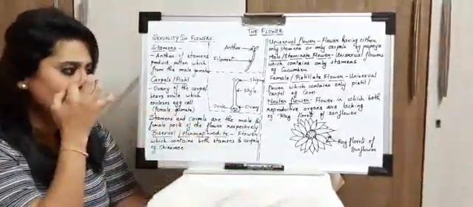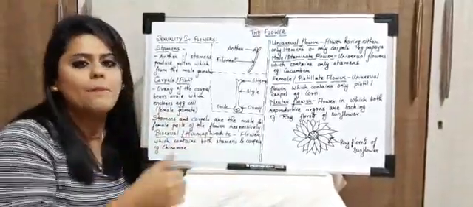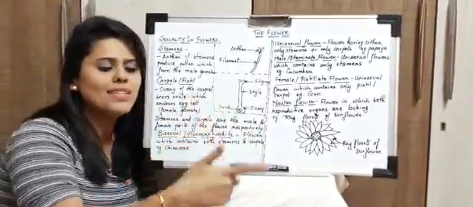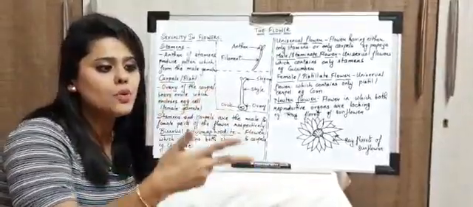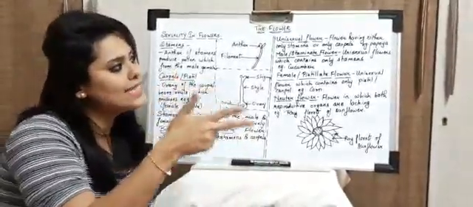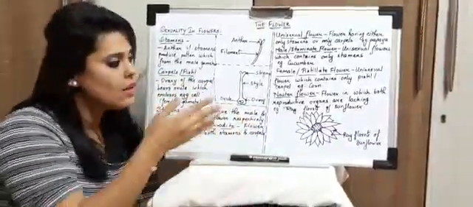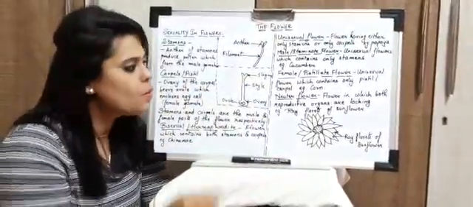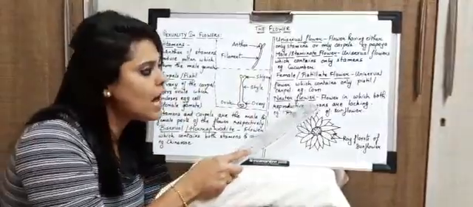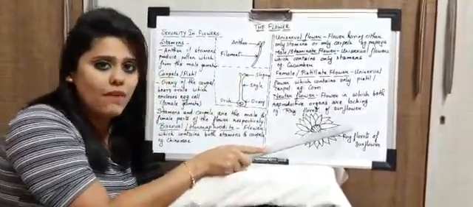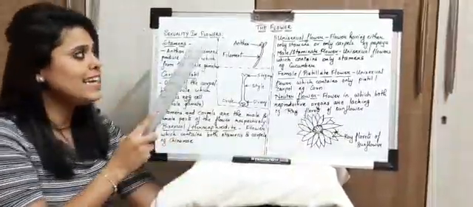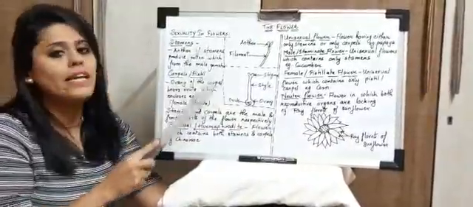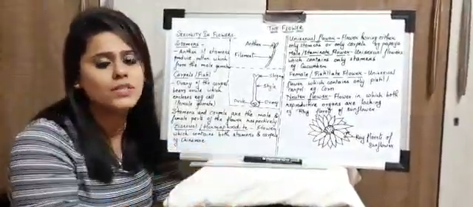Neuter flowers. Now as we are through with bisexual, unisexual, staminate, pistillate, the last is left, which is the neuter flower. What do you understand by neuter flower? These are those flowers in which you would see neither of the reproductive organs present.